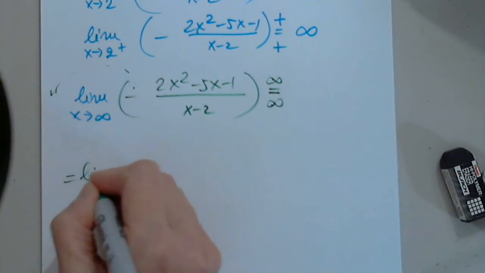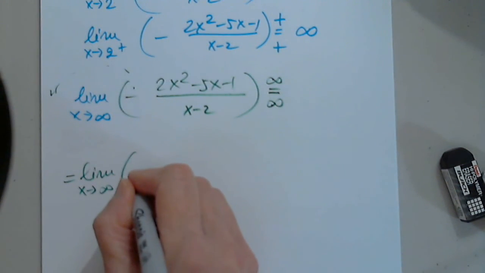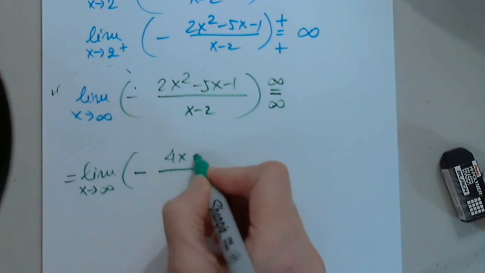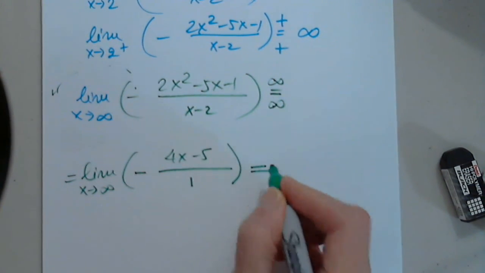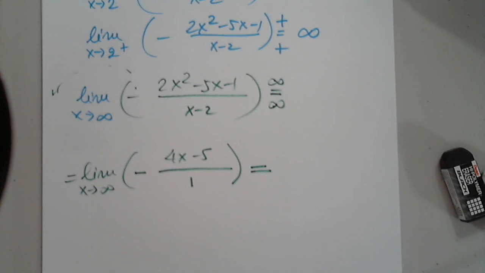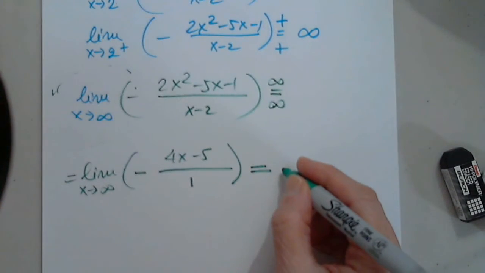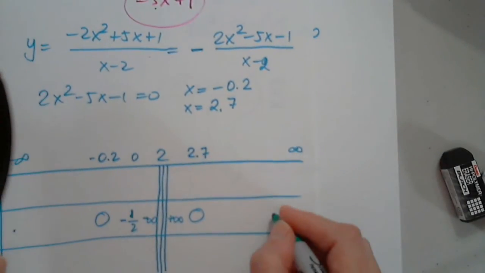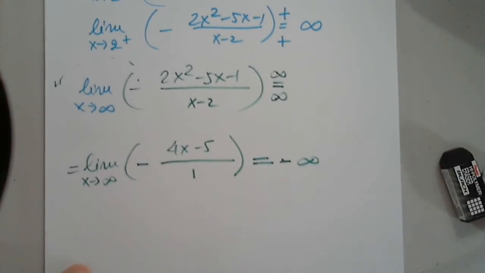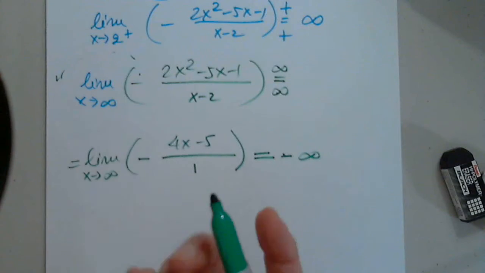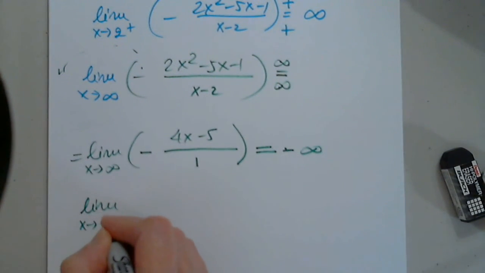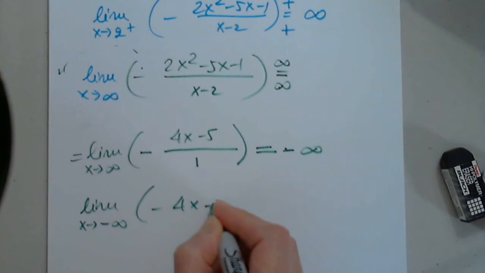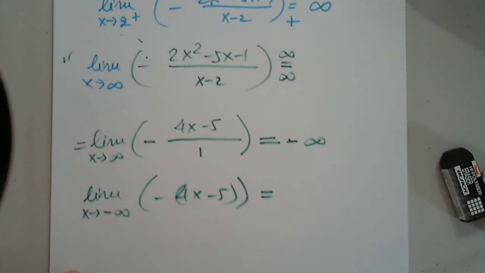Finally, L'Hopital's rule. Good. Differentiate. Yes, very good. So then we have 4x minus 5 and 1. Where does this go when x approaches infinity? Infinity over 1, which would be infinity. Yes? Negative infinity, sir. Excellent. Good. So then here I have negative infinity. Good. What about the process till here? It doesn't make any difference, but now as it approaches negative infinity from negative 4x minus 5, where does this go?